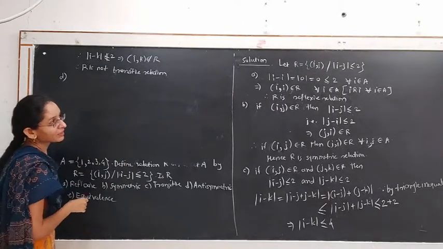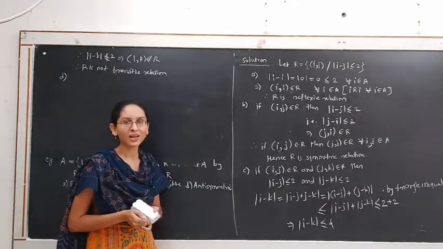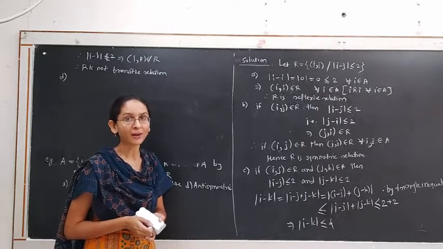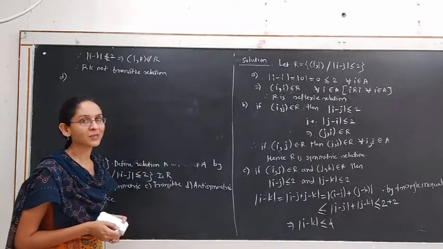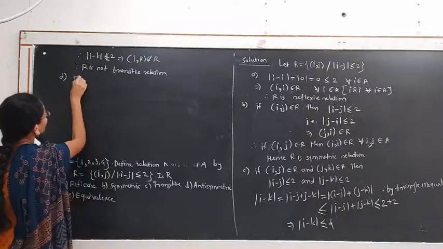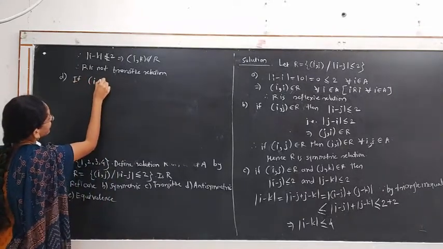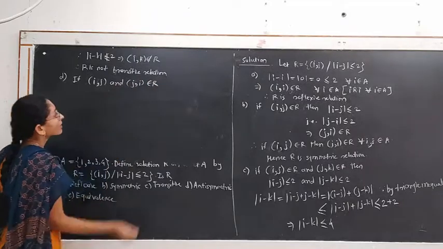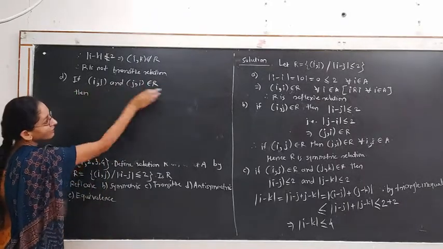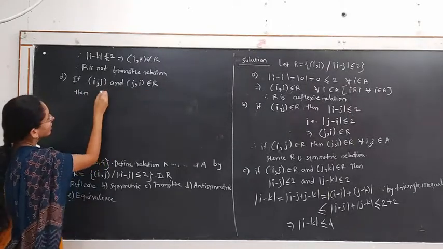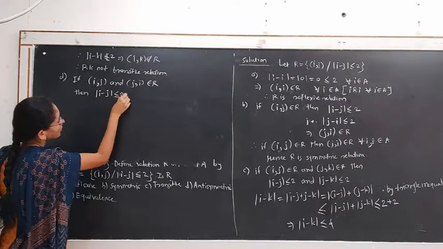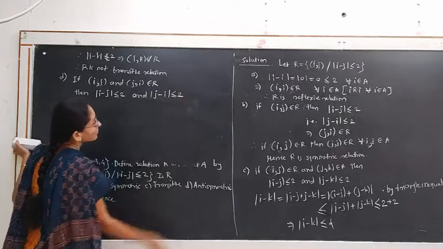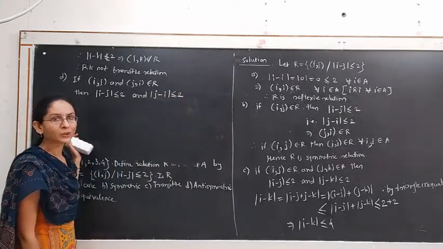R is antisymmetric when, if the ordered pair (i, j) belongs to R and (j, i) belongs to R, then j is equal to i. Then only R will be an antisymmetric relation. If (i, j) and (j, i) belong to R, then by the definition of the relation in this example, mod of i minus j is less than or equal to 2 and mod of j minus i is less than or equal to 2, then i need not be equal to j.